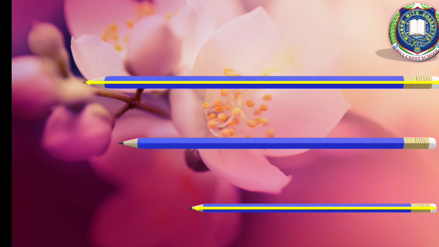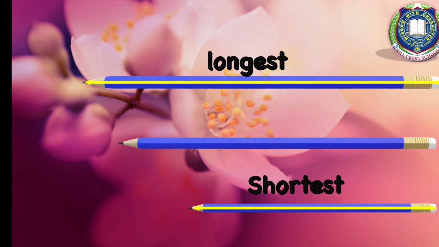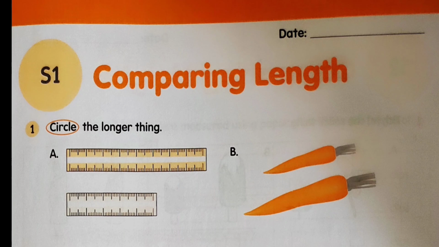Can you see that the pencil on top shows the longest line of all, and the pencil down below shows the very short line? Can you see these yellow lines? So here we can see that the pencil on top is the longest of all the three pencils, and the pencil down below is the shortest of all the three pencils. So I hope you are clear with comparing length, how to compare how long and how short a thing is.